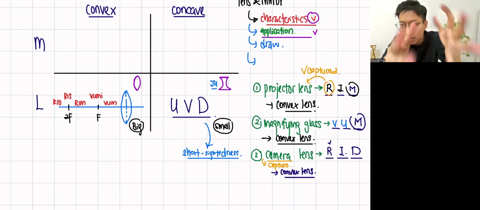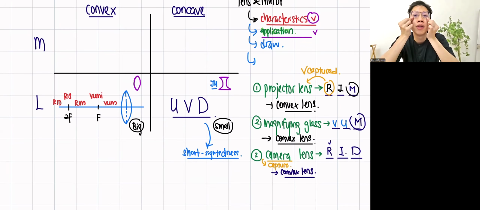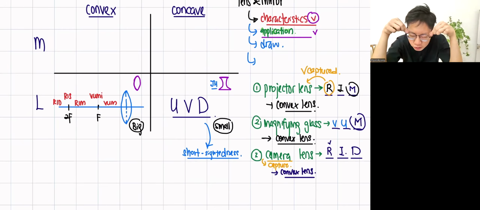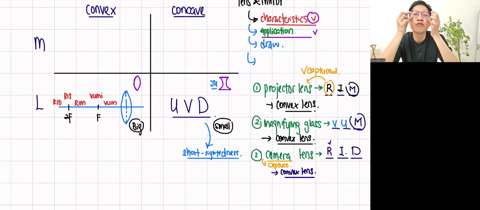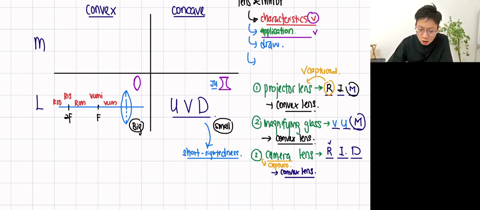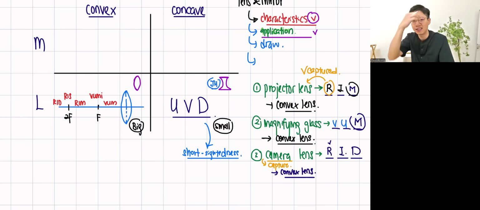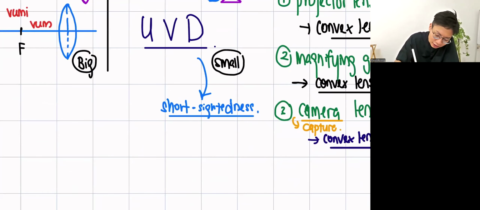If you don't believe it, if you wear specs, touch the side of your lens, and then the middle of the lens. It's thinner in the middle. The sides are wider. Me and you, we have short sightedness, so our specs are concave lens. You just remember, still young. So I have short sightedness. I haven't got long sightedness yet. Short sightedness has another name, which is called myopia.